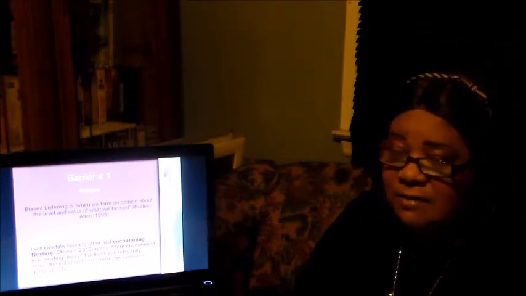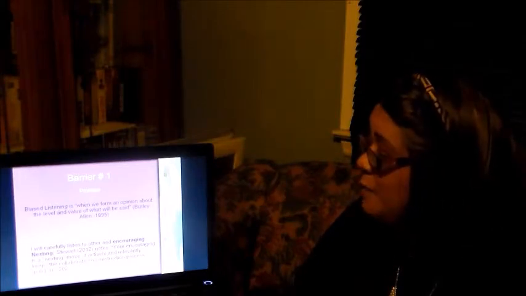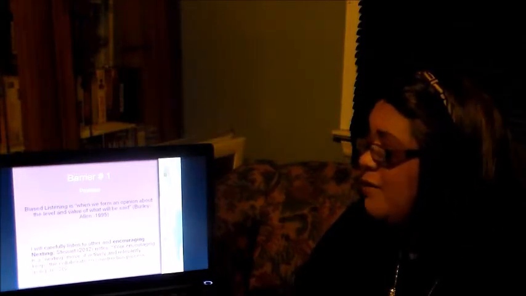And barriers. Next I'm going to talk about the potential barriers to effective communication. And I got a lot of barriers, as you've already seen. The barriers are just huge. But I narrowed them down to three. Biased listening. That's one of my barriers. That's when we form an opinion about the level and value of what will be said.